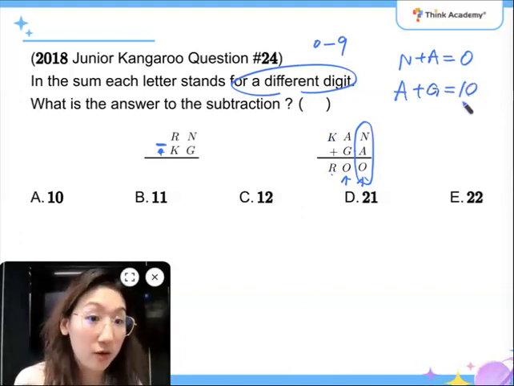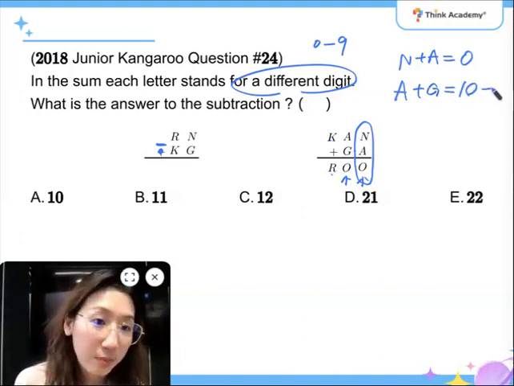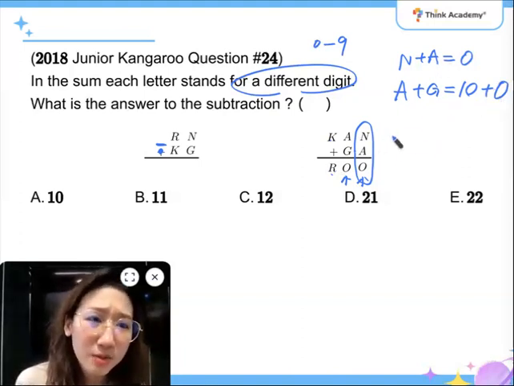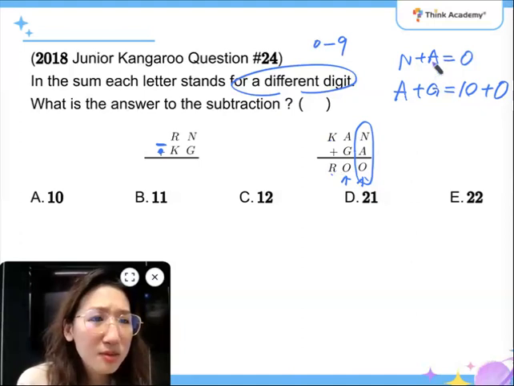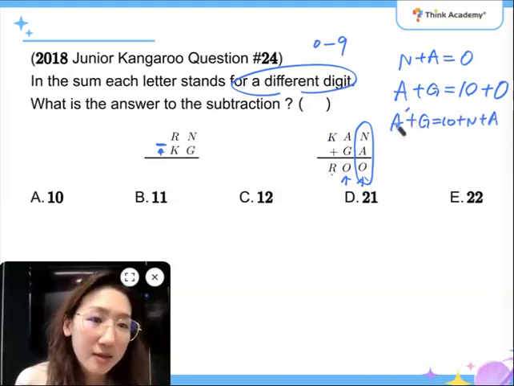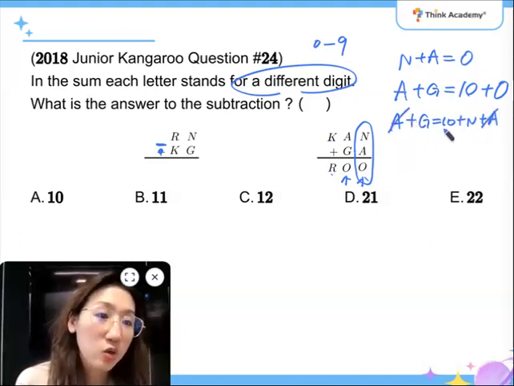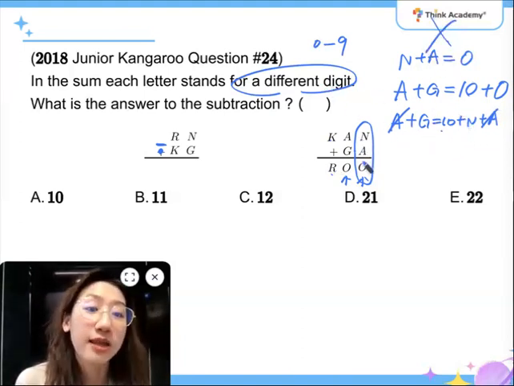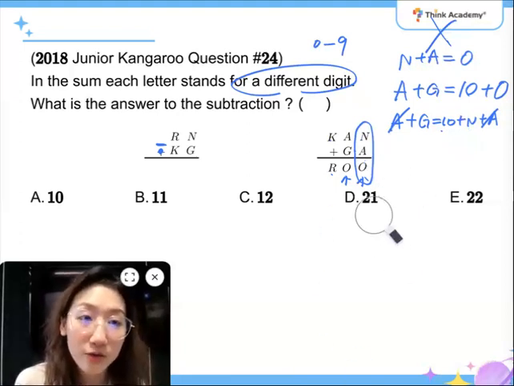That means it's more than 10. So 10 plus that O. So is that possible? You will see that if you replace the O, you can have A plus G equal to 10 plus N plus A. That means if you cancel the A, G is equal to 10 plus N. Is it possible? No, because they're all single digit. So it is impossible for N and A to not have any carryover.